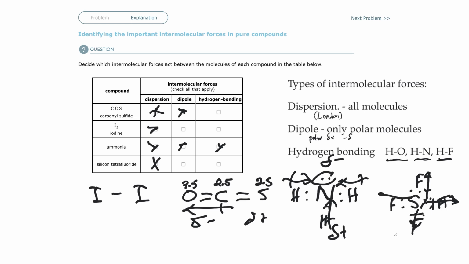It's just like pulling a knot in 4 directions. This is 3-dimensionally 4 directions, but still all of them are pulling with the same force. So even though the silicon-fluorine bond is polar, the whole molecule is not polar. So it's not a dipole. And there's a fluorine here. That's electronegative, but there's no hydrogen. And there's no lone pair at all. Okay, so it can't be hydrogen bonding. So this is how you do it. You just go one at a time, asking yourself the question. You'll get it.